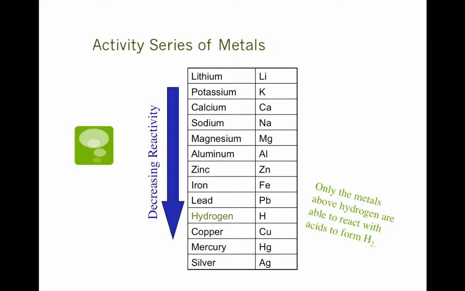If you're in my class, you did a lab where we saw the replacement of some of these metals with other metals, and some of them did not react. That is because those metals that are above the metals below them can replace them. However, if the metal is below, it cannot replace a metal that is above it. For example, copper cannot replace magnesium when magnesium is in a compound, say magnesium oxide.